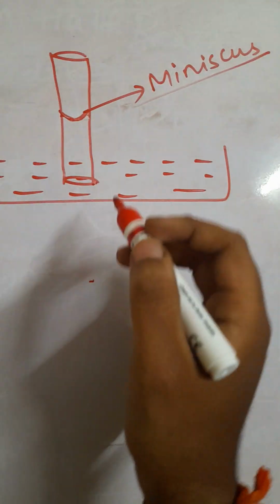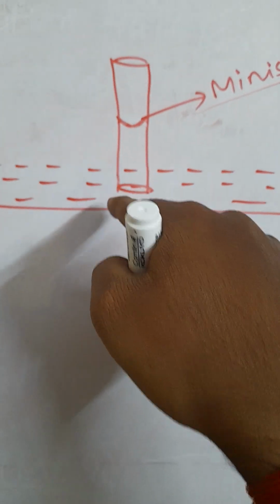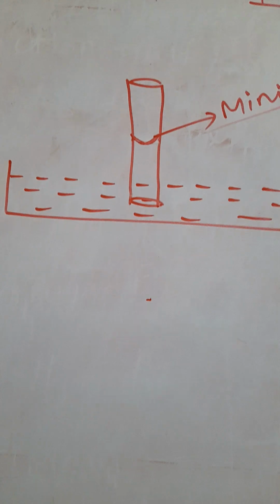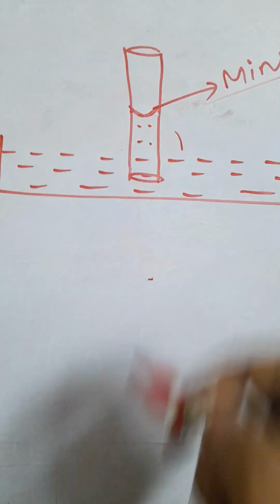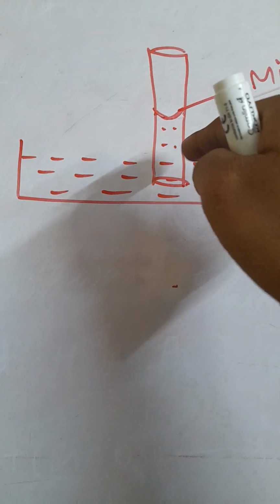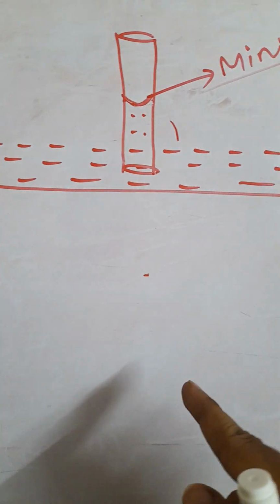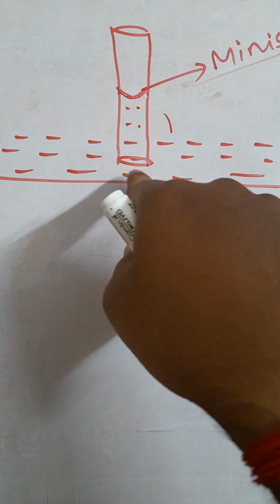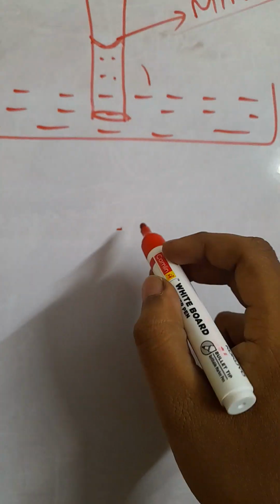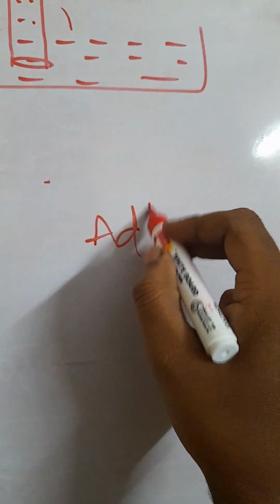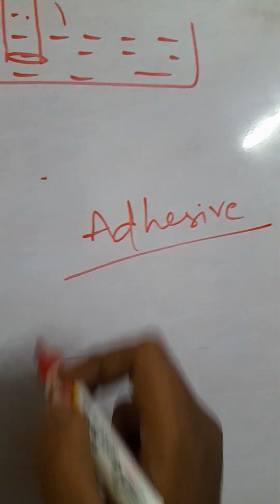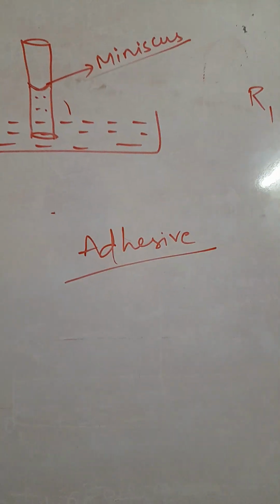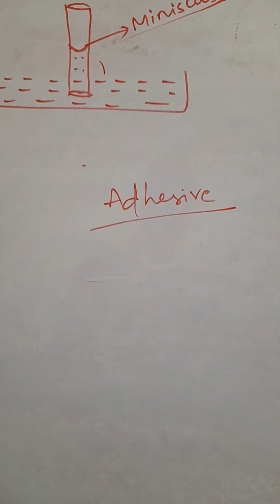And the reason why the shape of the water would be in this form inside the glass tube, we can see now. First, when the glass tube is kept on the surface of the water, due to adhesive forces. So what is adhesive force? Adhesive force is the force of attraction between two different substances.